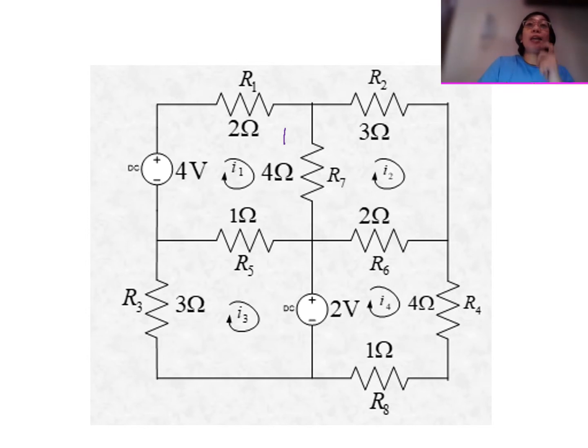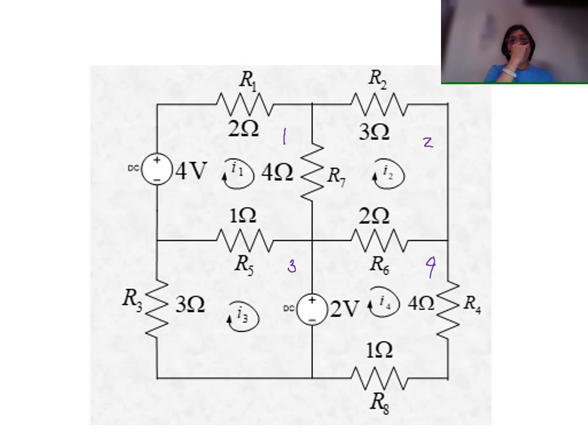We have your I2 as mesh number 2. We have your I3 as mesh number 3. And we have your I4 as mesh number 4. Therefore, we have 4 mesh currents. Then we have to solve them using 4 mesh equations. So how are we going to write your 4 mesh equations?